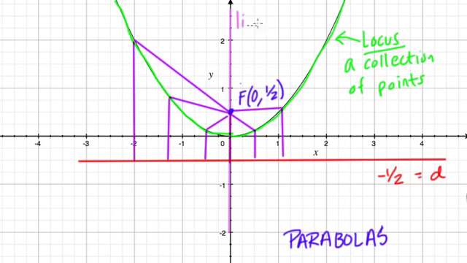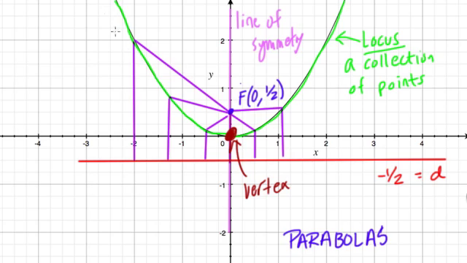The line of symmetry will always meet your parabola at the vertex, and that's the last feature of our parabola. This point right here is your vertex, sometimes called the origin. It's the turning point of the parabola.